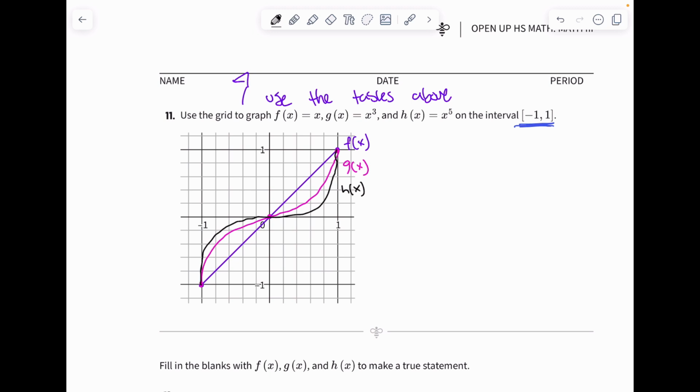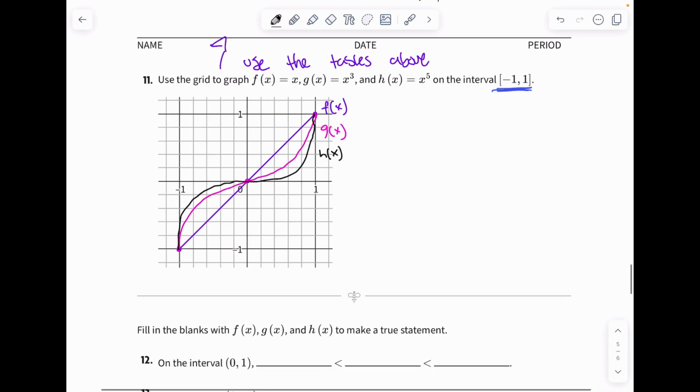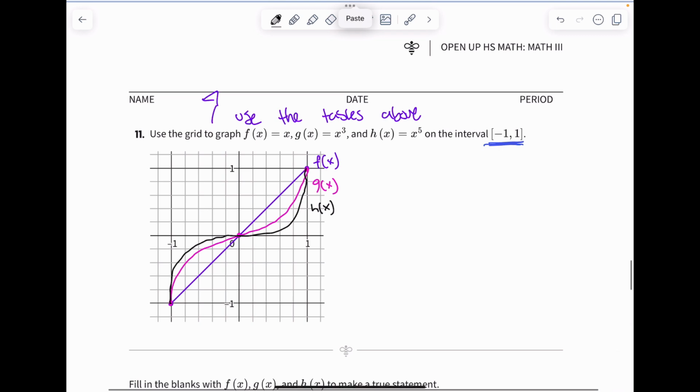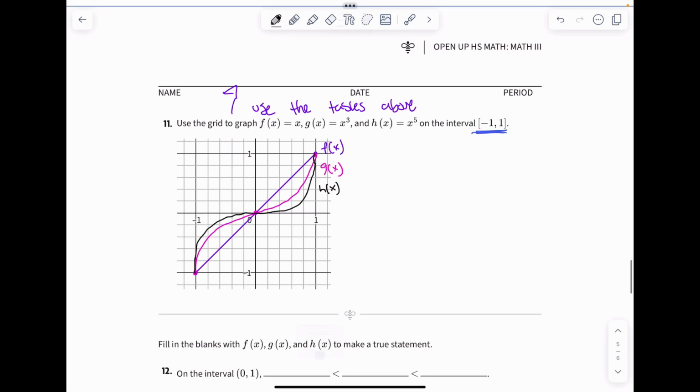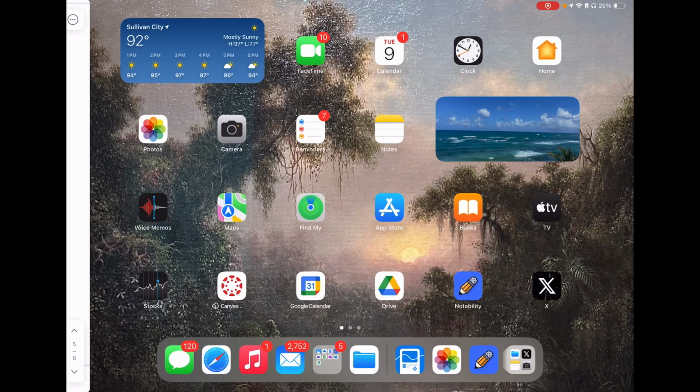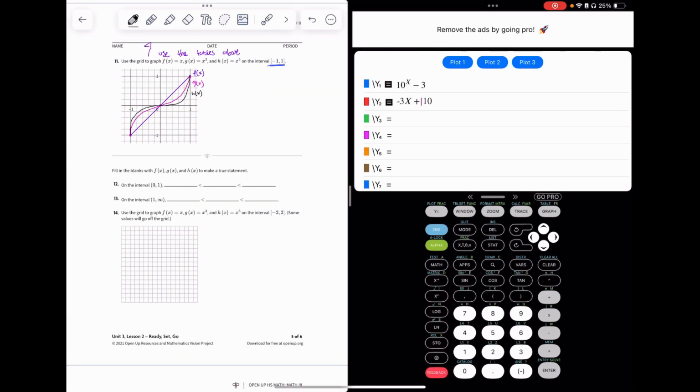You can also graph these. So let's go ahead and graph these just for our sanity and our sake of learning. So let's go here, clear these up. Okay, so I have x cubed, and enter, and I have x to the fifth power.